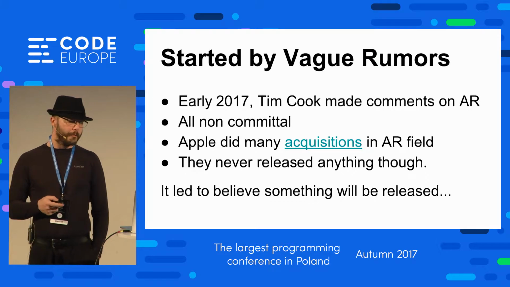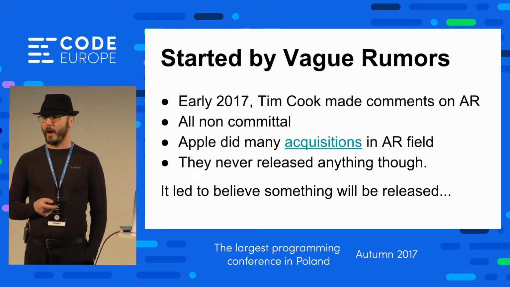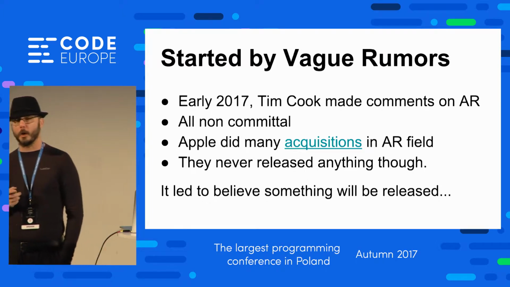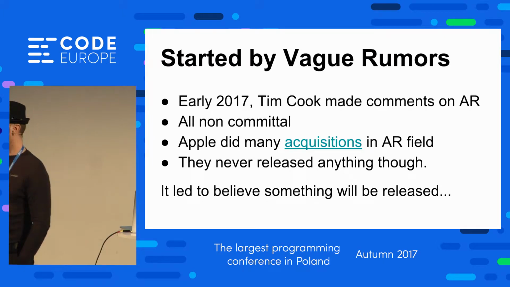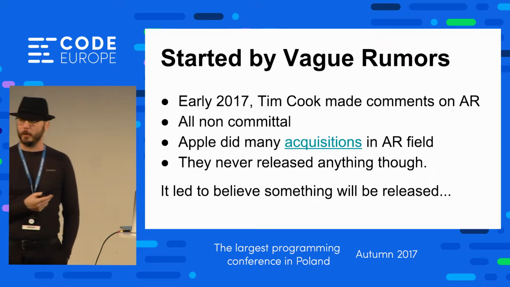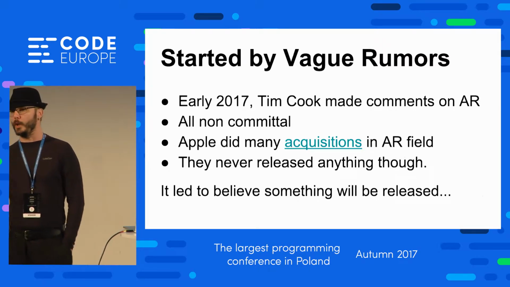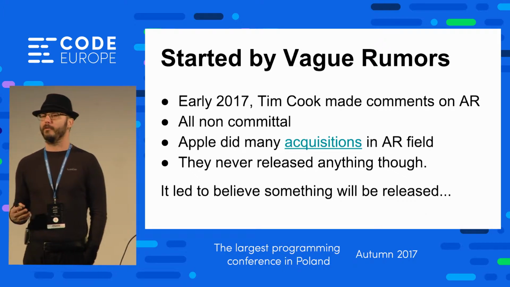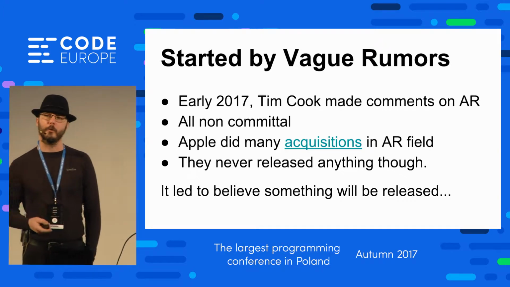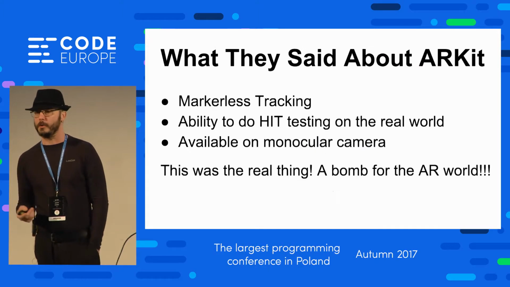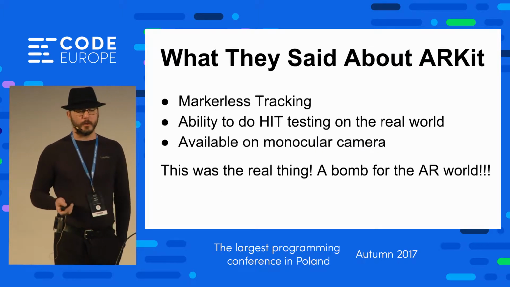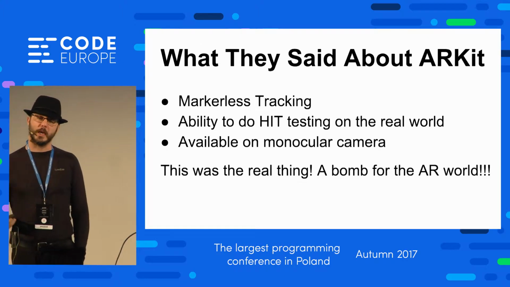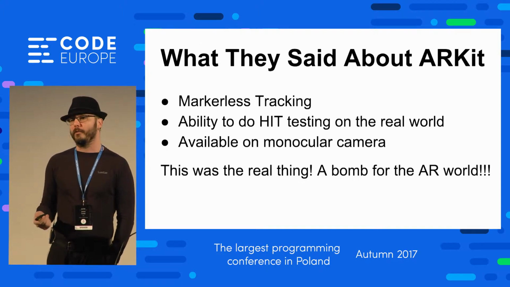He made very vague, non-committal declarations, like AR is the future, or AR will change how we interact with the world, without saying anything about what Apple will deliver or any date or any product. So we all had the impression that Apple would release something shortly without knowing anything about what.